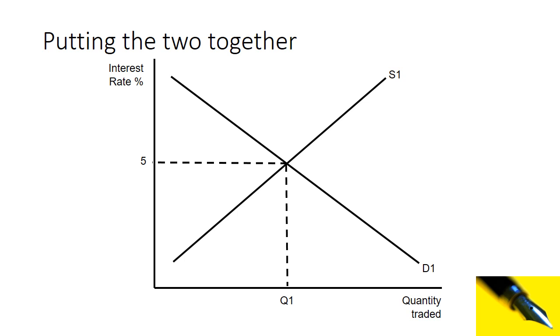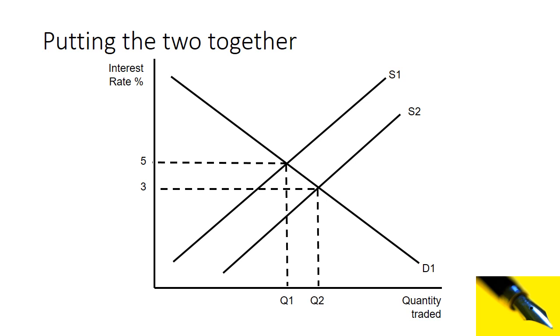So if there is a rise in saving, supply will shift to the right from S1 to S2, and this will cause a fall in the interest rate, in this case from 5% to 3%, and a rise in the quantity traded. So a rise in saving will lead to a fall in the interest rate, and the reverse is also true. A fall in saving will lead to a rise in the interest rate.